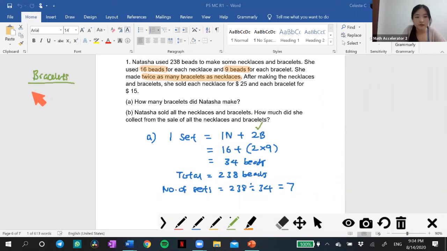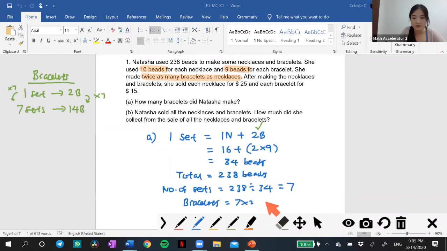If one set you have 2, and you already found out there are 7 sets, you need to multiply by 7 on both sides. Correct. Okay, so this is how you get your 14 bracelets. So bracelets, 7 times 2, 14.